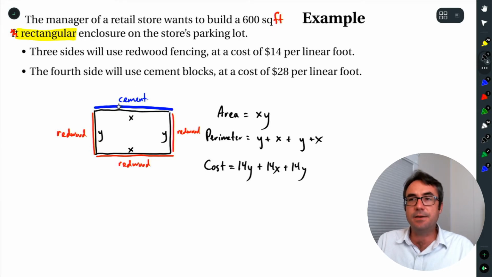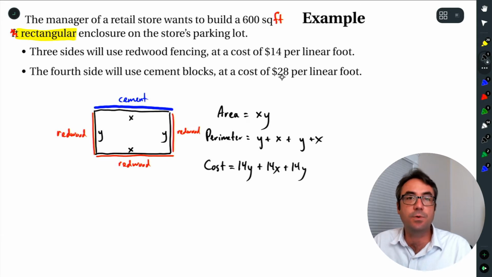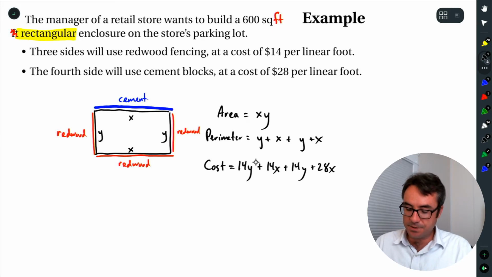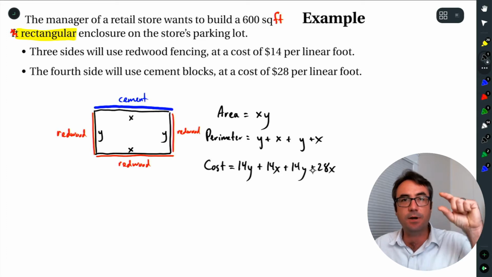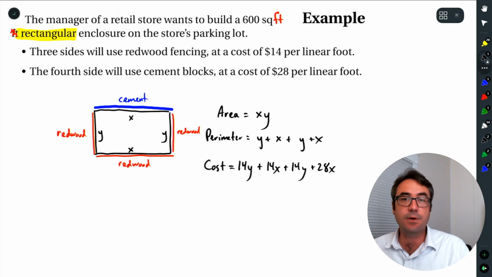And then finally, the cement block side is length x. And this one costs more. It costs $28 per foot. So 28 times x. So these four little calculations represent the cost of building each side of our rectangle.